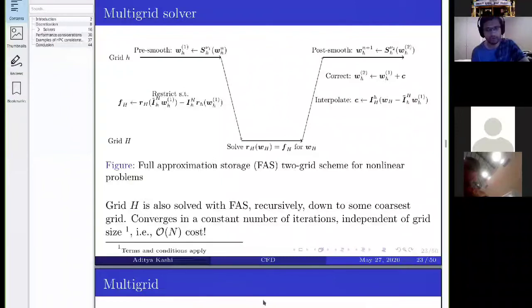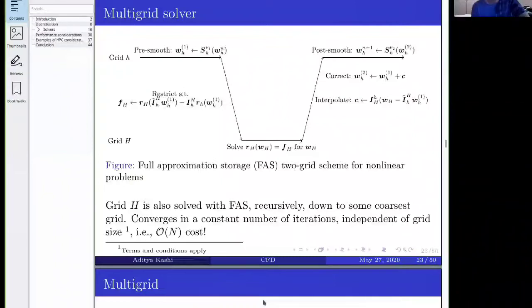That problem we can solve. And then again we come all the way back up to get to the finest level that we want.